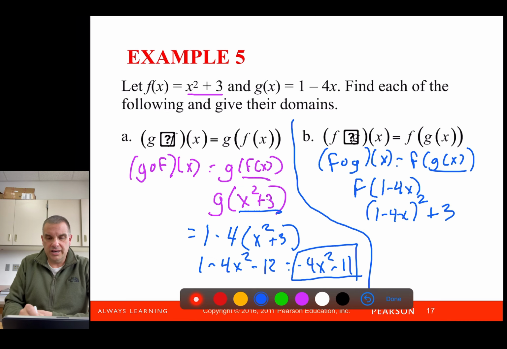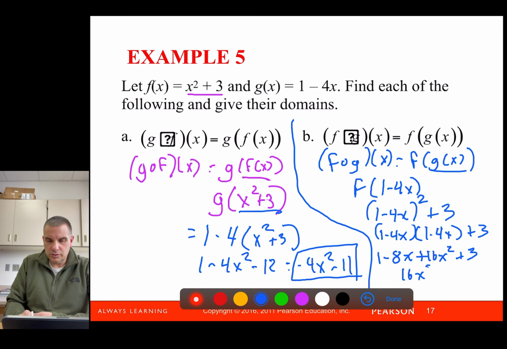We have to FOIL that out. Remember that this is (1 minus 4x) times (1 minus 4x) plus 3. So this is 1 minus 4x, so minus 8x plus 16x squared plus 3, then put it in order.